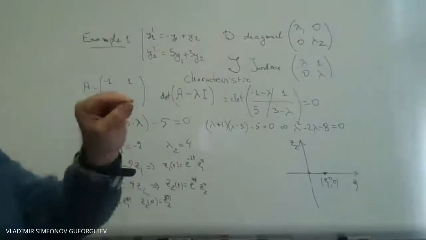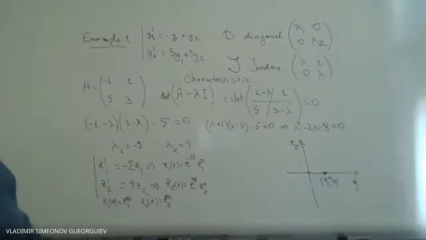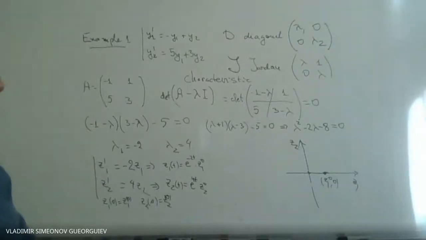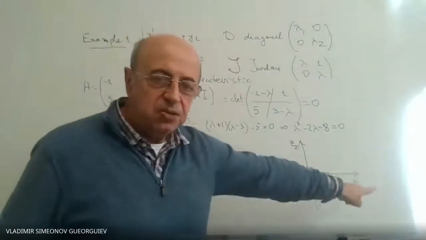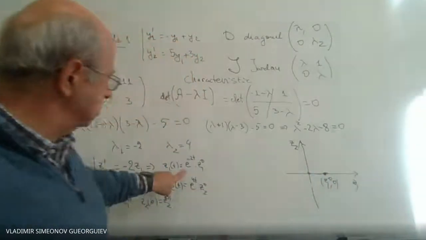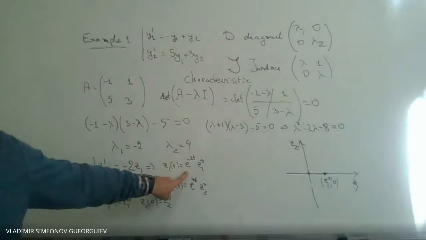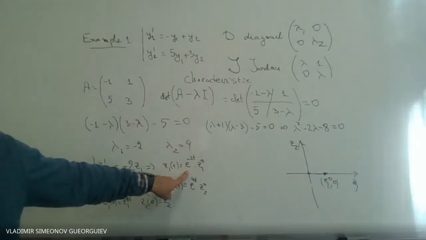Because I shall put an arrow, and it is important to put the arrow. If I start from this, is Z1 increasing or decreasing? Look at this expression. The arrow shall be on which side? Left or right?